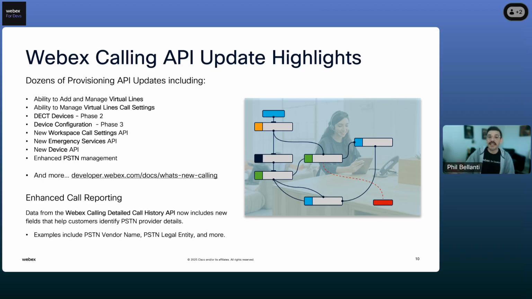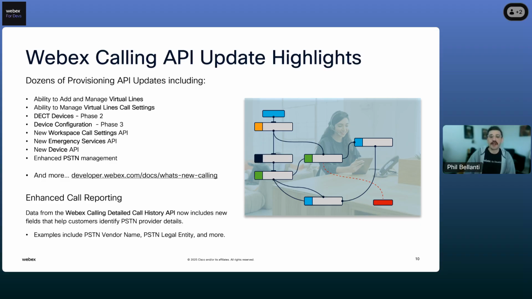But you can stay up to date with the changes to the calling APIs. We have a special page for it right on our developer portal. It's called "What's New in Webex Calling." It's a subset of a change log for people who are focused on Webex Calling integrations.